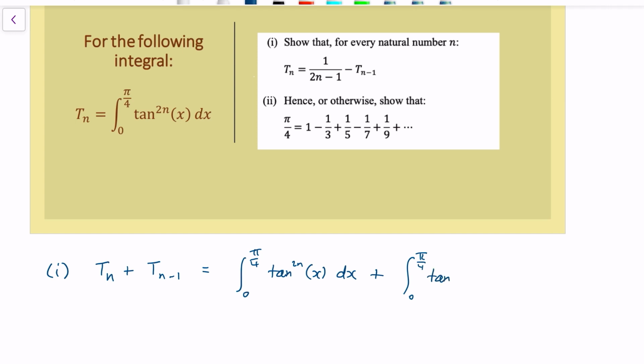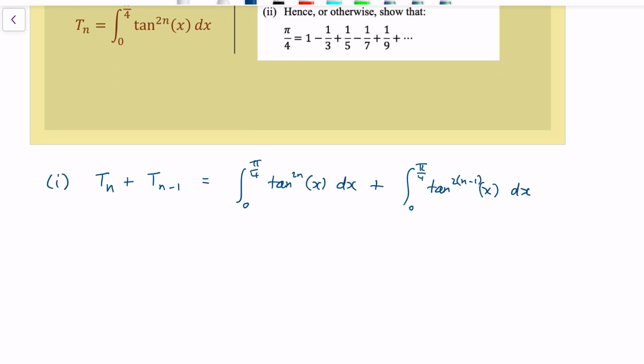Be real careful here, we're subbing in n minus 1 now, but it's two lots of n minus 1. We know that the sum of two integrals is the integral of the sum, so we don't have to do two integrals here, we just do one.